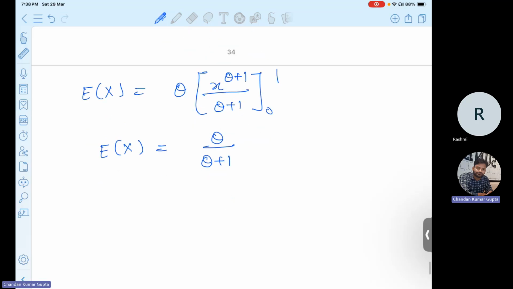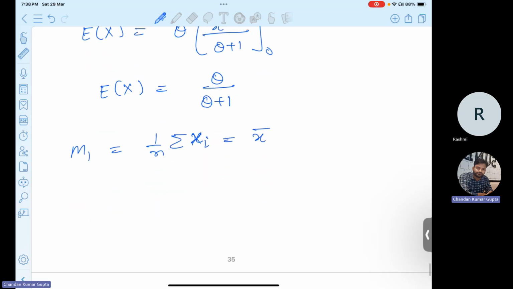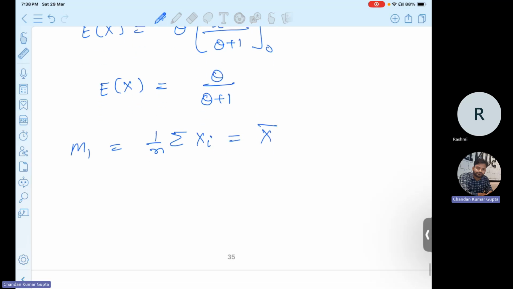Now the sample moment m1 is 1 by n summation of xi, which is nothing but x bar actually. We can use m1 or x bar or whatever we want. Now we need to equate these two.